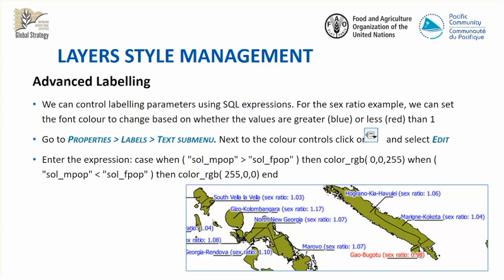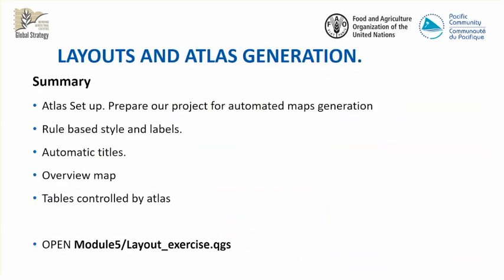So you can play as well with this type of thing. Or whenever you have more population, your labels can be bigger. And when you have small populations, your labels will be smaller. Okay, there's plenty of things that we can do with labeling. But I prefer to start before with the atlas.